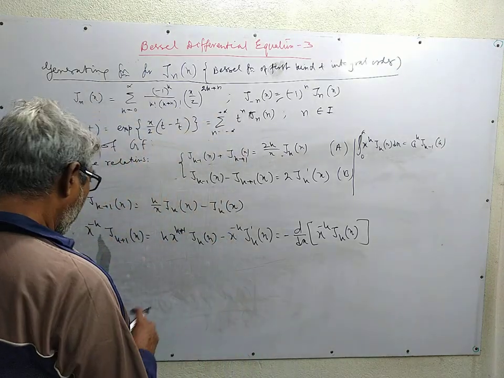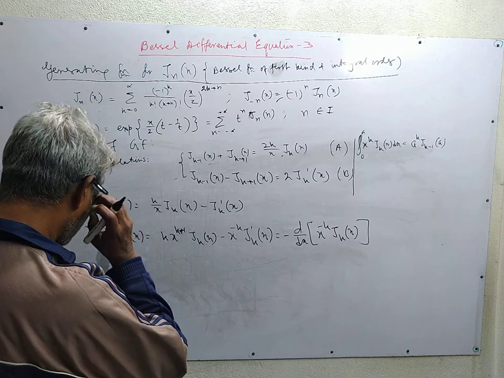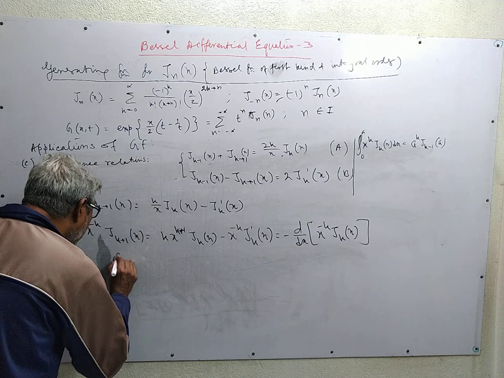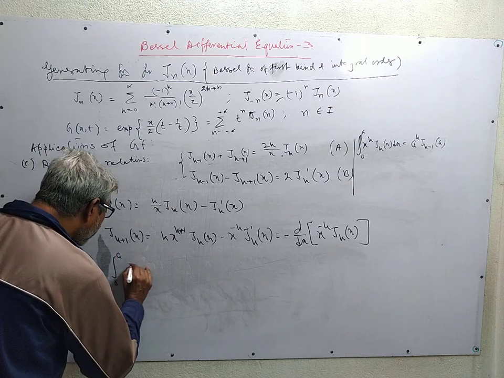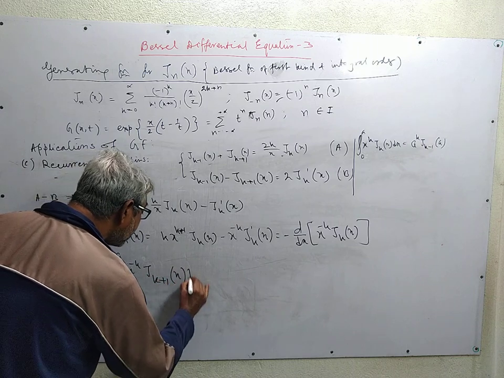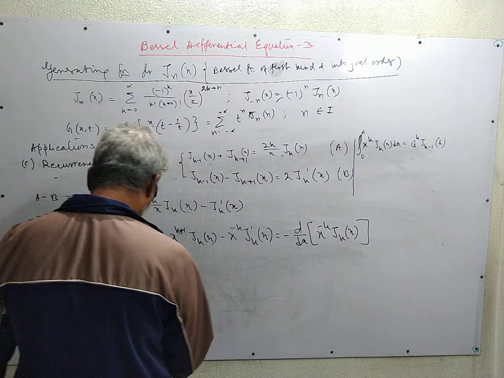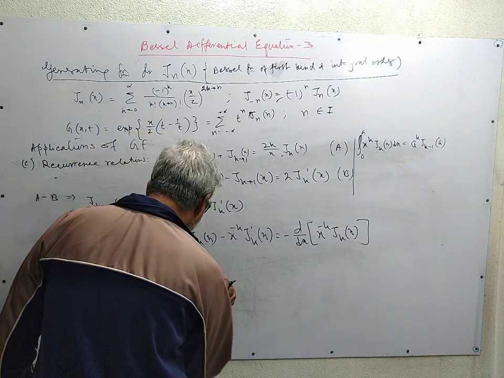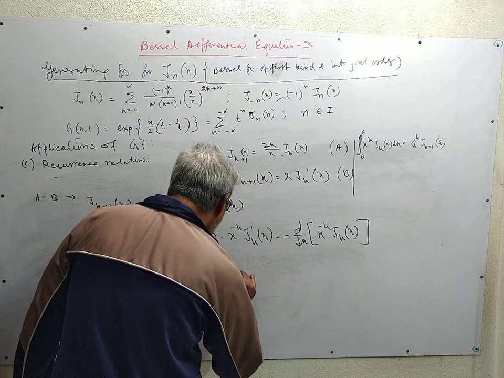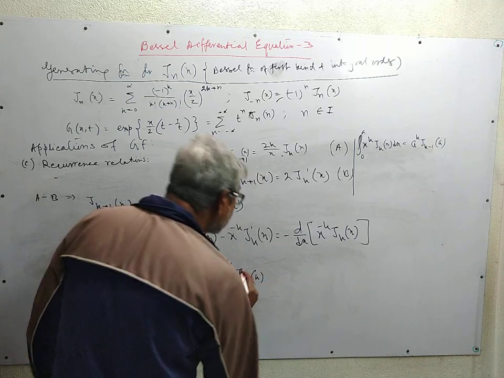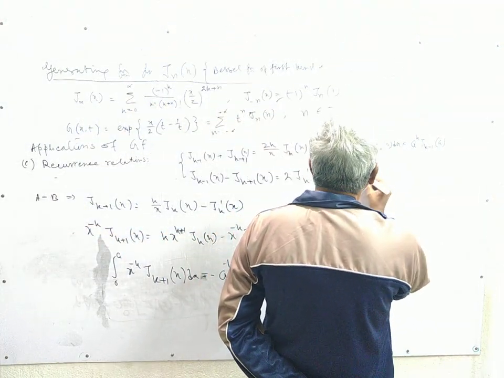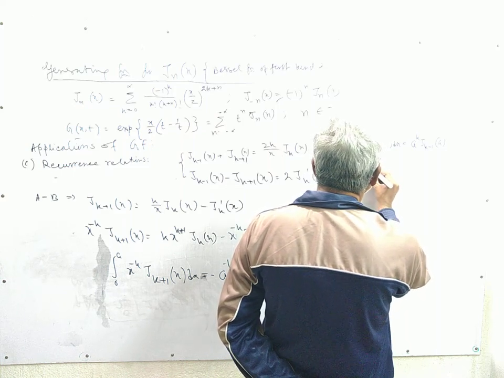Again if we integrate, we get the integral from 0 to a of x^{-k} J_{k+1}(x) dx equal to minus the corresponding expression. This is the other important relation we can obtain from the generating function.